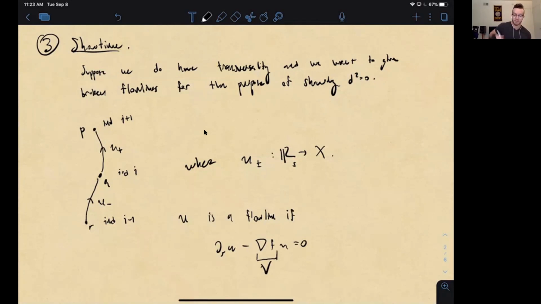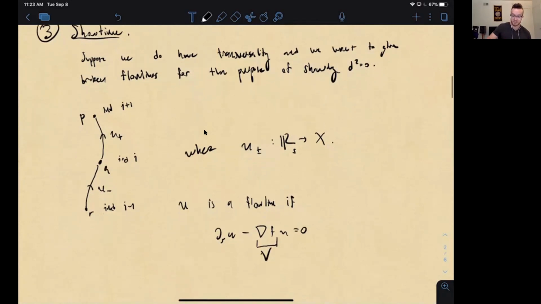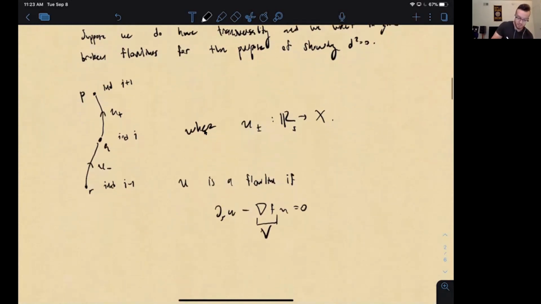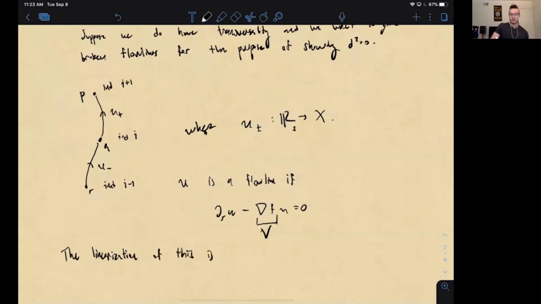And so then what we do is we consider the linearization of this equation. This will come up in a second. We get something like d sub u.